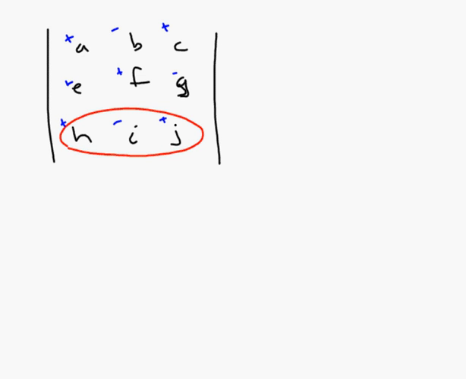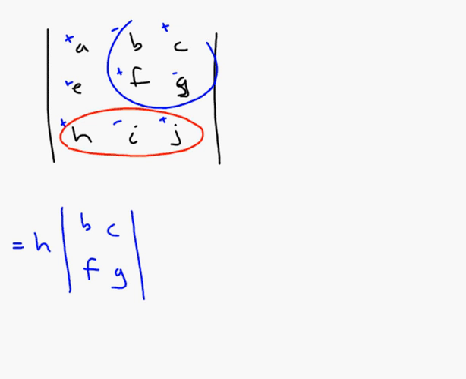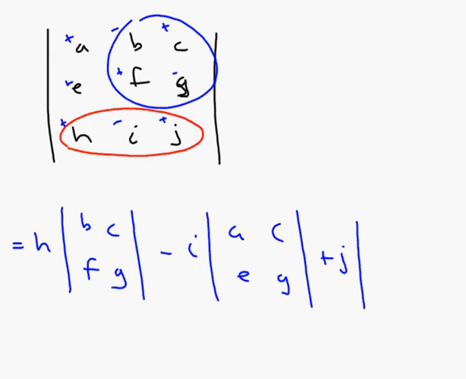Here we go. Ready? It's going to be H, it's positive H because of the plus here, times its minor. Now, the minor of H would be B, C, F, G. It's this matrix up here. Minus I times its minor, which would be A, C, E, G. And then lastly, plus J times its minor, which is going to be A, B, E, F. Okay.